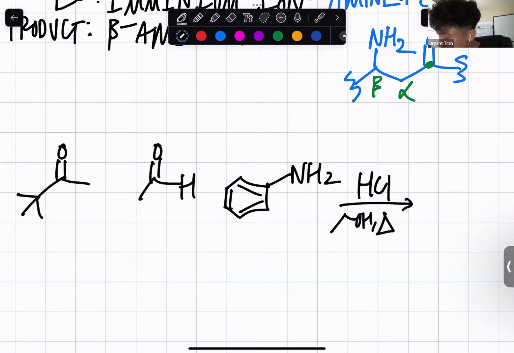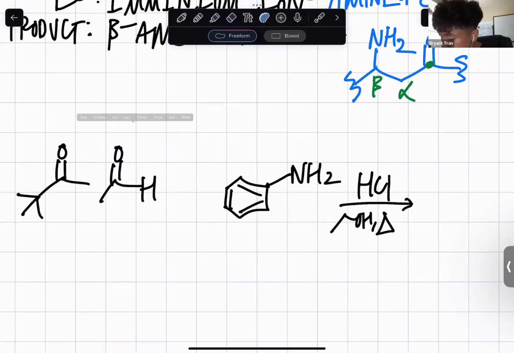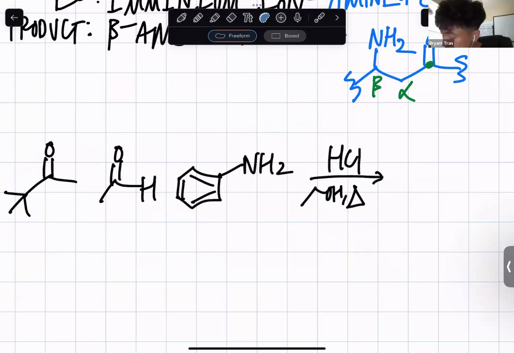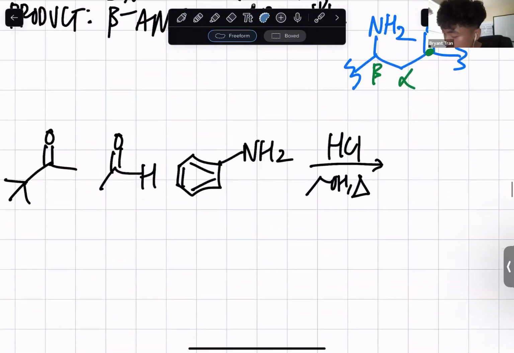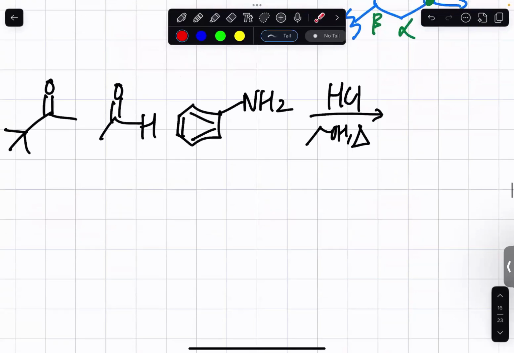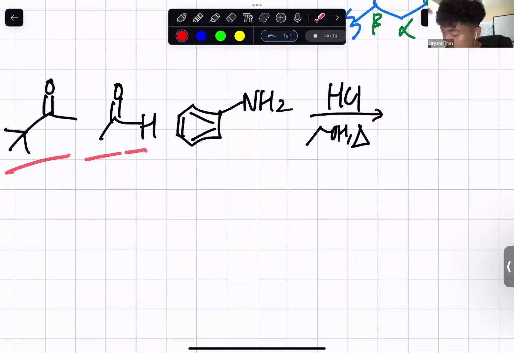I'm not going to go over the mechanism here, but I will show you how to predict the product quickly and how to go backwards if you're given a Mannich product and you want to go backwards for synthesis. So now we have a ketone here, we have an aldehyde here, and we have an amine here.